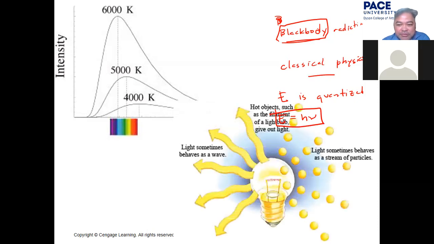So that's where the dual nature of light was first explained. It's a revolutionary idea by Max Planck, and it tends to explain the behavior of matter that cannot be explained by Newtonian classical physics.